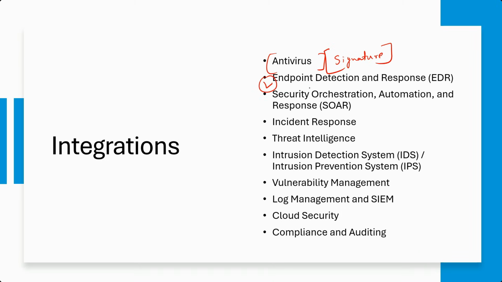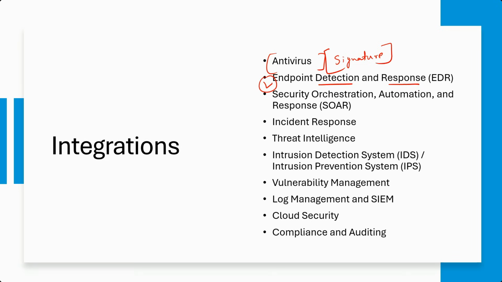Second, it can be integrated with EDR solutions, which have detection and response capability along with live forensics as well. EDR also provides threat hunting capability. There are different vendors that can be integrated. Don't worry, we'll talk about them in the further slides.